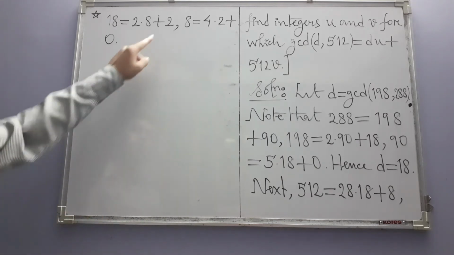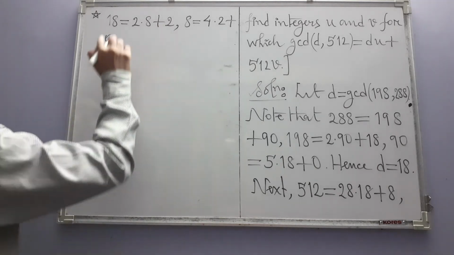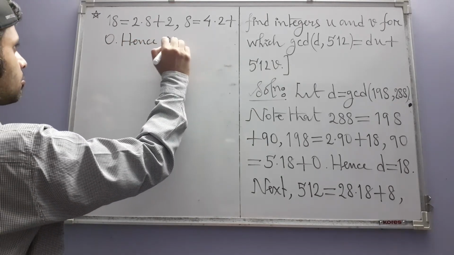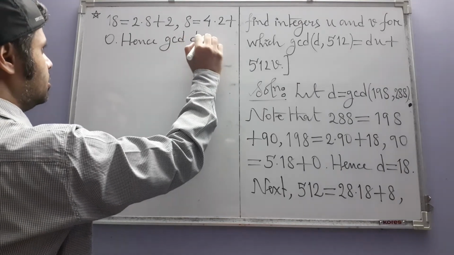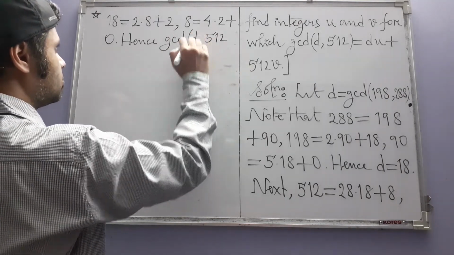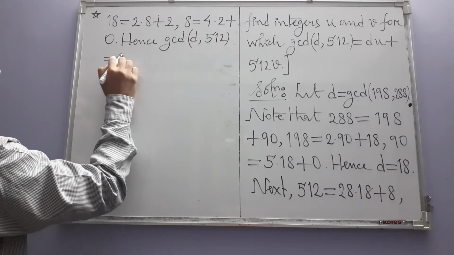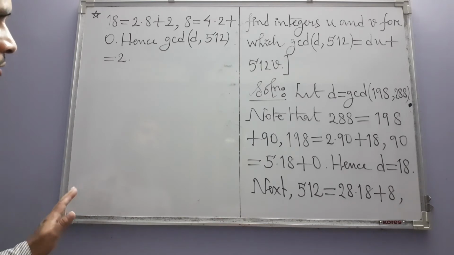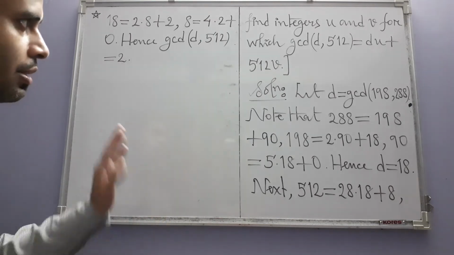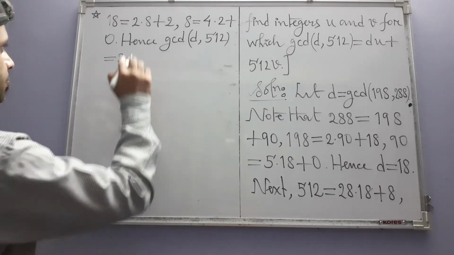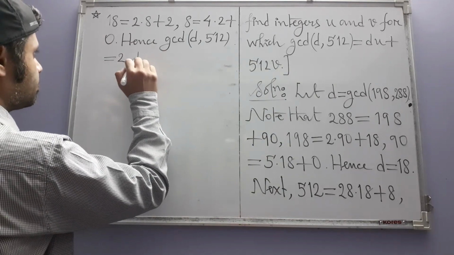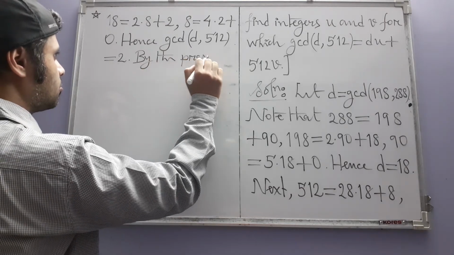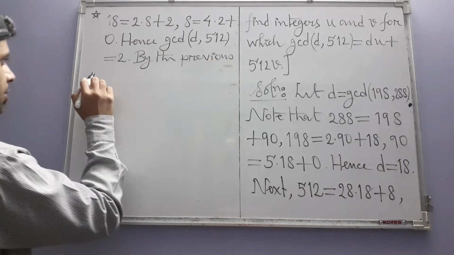That means the last non-zero remainder is 2. Hence the GCD of D and 512 is 2. So this 2 is in fact the GCD of all these 3 integers by the previous exercise.